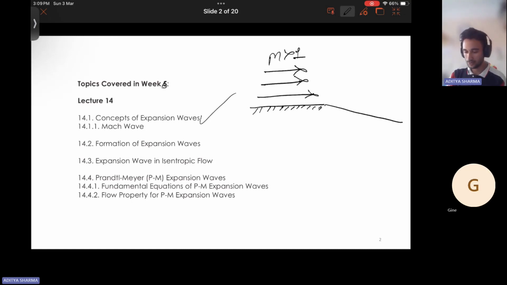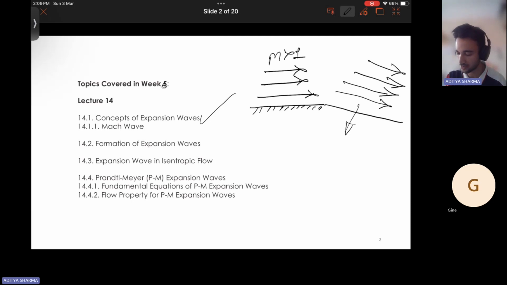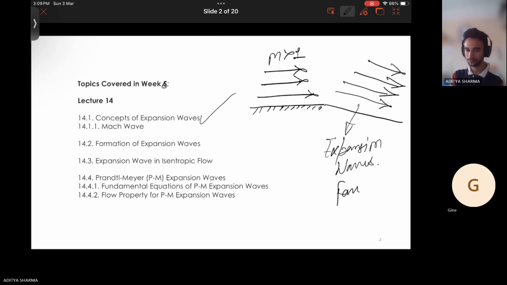We just tweaked the surface, and by virtue of that, the flow direction will be in this direction. What we get in that case is expansion waves, and cumulatively, because these waves are continuous, we also term it an expansion fan.